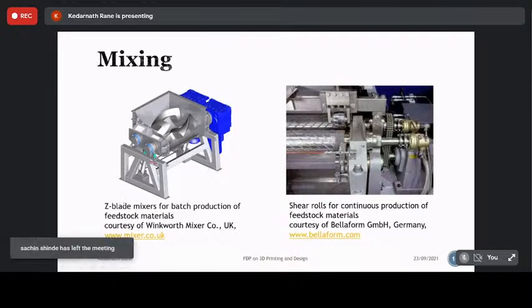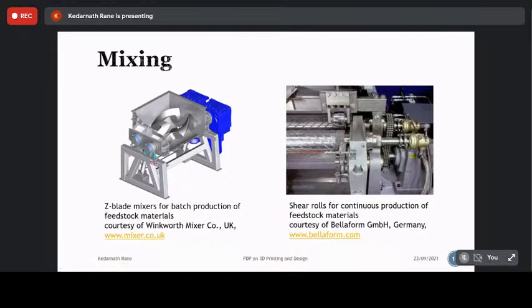In the animation itself, we see Z blade mixers being used, which are rotating, and heaters are around these blades, so that the powder and binder system is in the semi-solid form, and they are churning it together so that they get homogenized, mixed together.